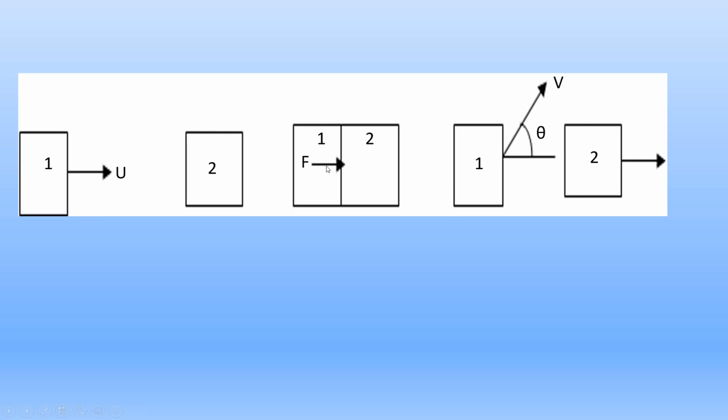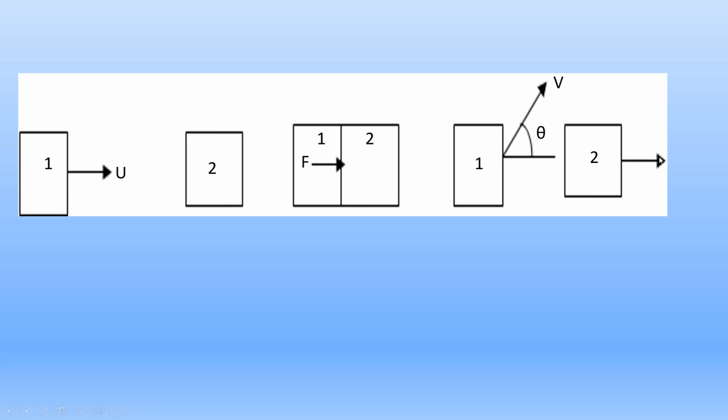Now apply Newton's second law. Force F is equal to the initial linear momentum mu, in the direction of force F, minus the final linear momentum in the direction of force F, m v cos theta, divided by time t.